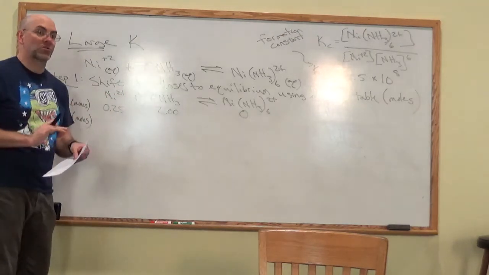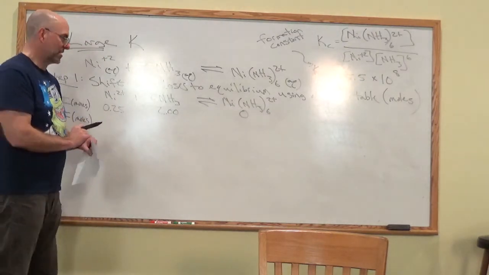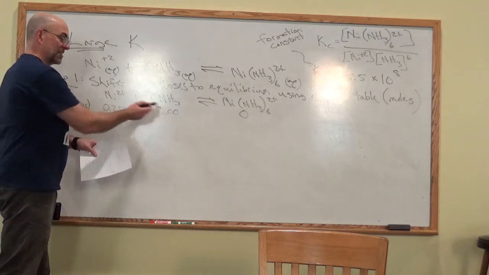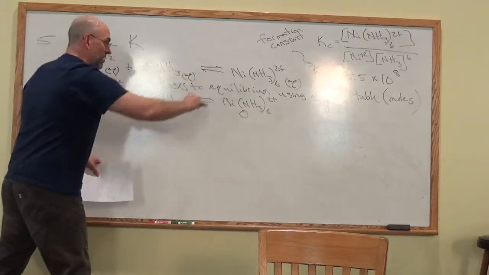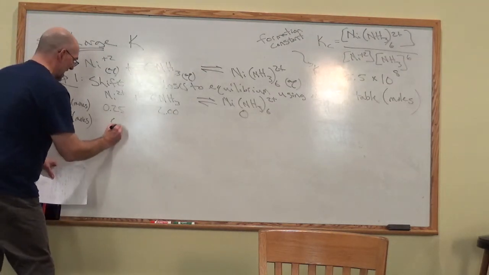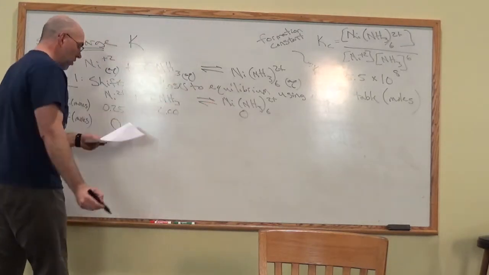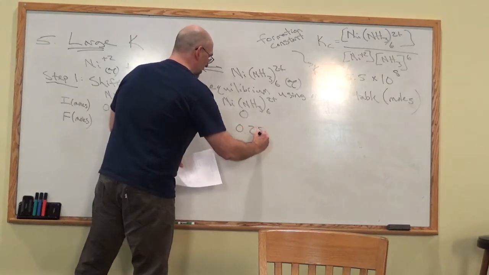We don't have anywhere close to that. Ammonia is our excess reactant here. So if you take 0.25 times 6, you're going to get something a lot less than 2. So this is your limiting reactant. So if we push everything to the other side, there isn't going to be any nickel left. And since it's a 1-to-1 ratio, all of that nickel is going to turn into the complex ion.